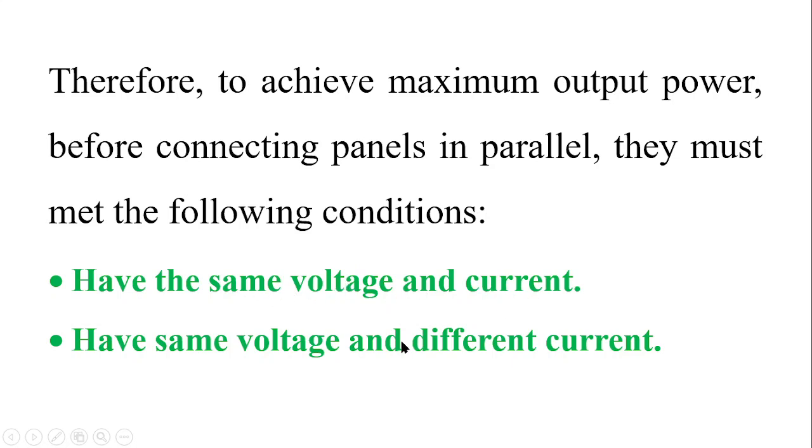The current can be the same, the current can be different, but they must have the same voltage. Otherwise, if the arrangement is such that one of the panels has a smaller voltage, it is that panel that will take over the total voltage of the PV array, thereby reducing the output power of the array.